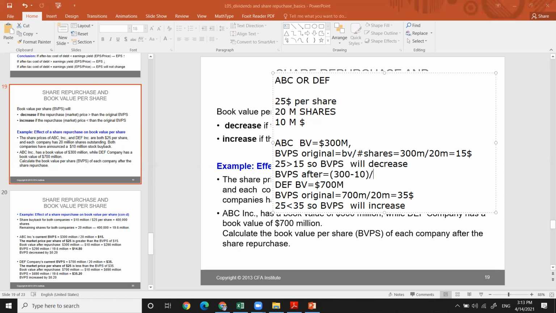Before it was 20 million, minus the number of shares repurchased, which we can estimate by 10 million dollars divided by 25. It's 400,000 shares.